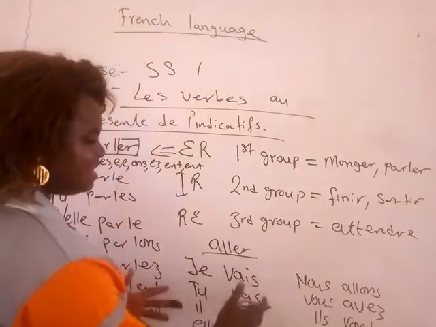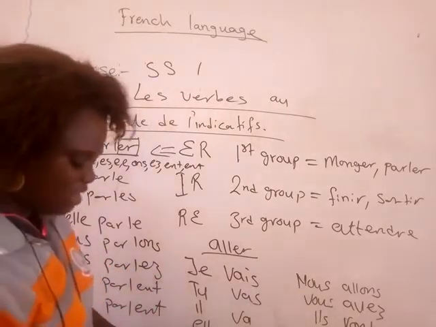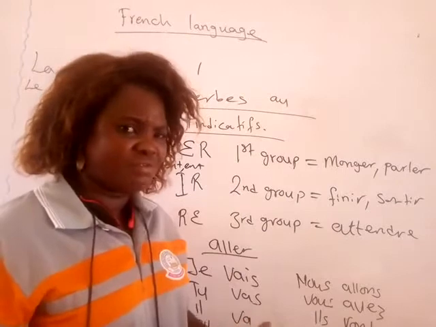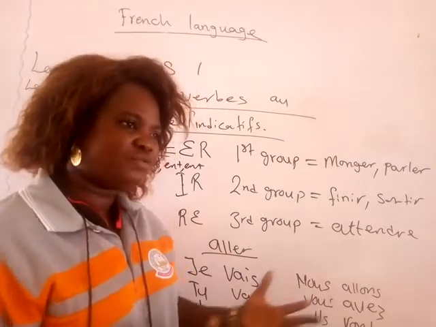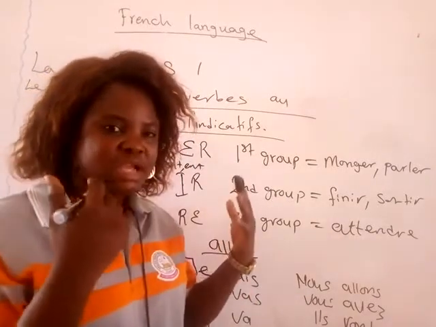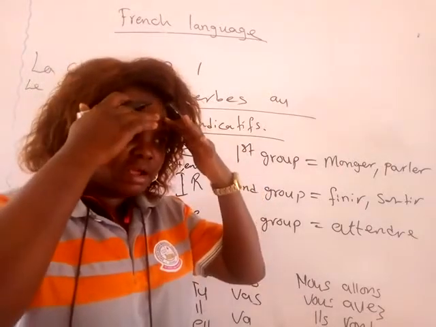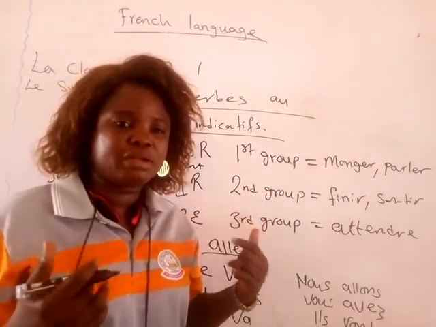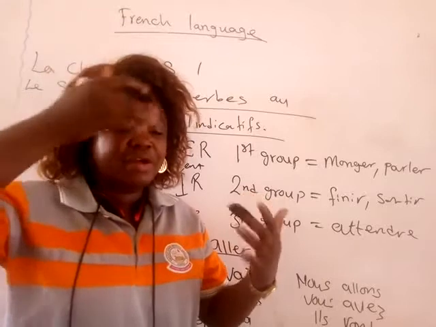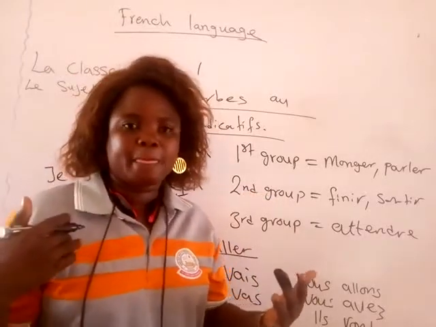Aller is an irregular verb. How do you know a verb that is irregular? Take for example, we have two girls wearing different hairstyles. One has a low cut, and the other one is wearing an all-back style.